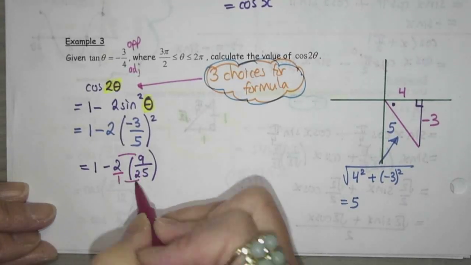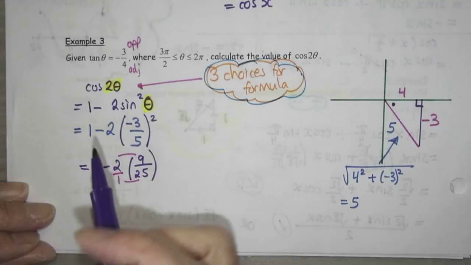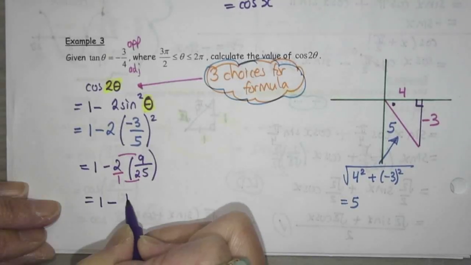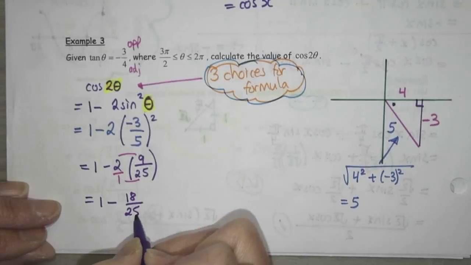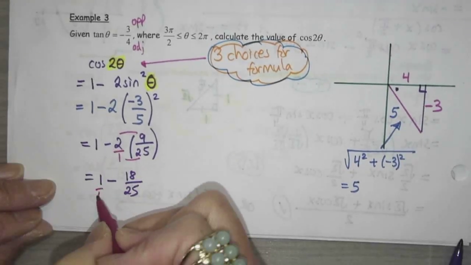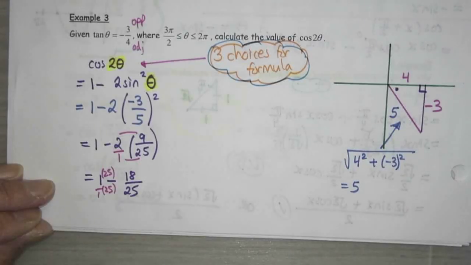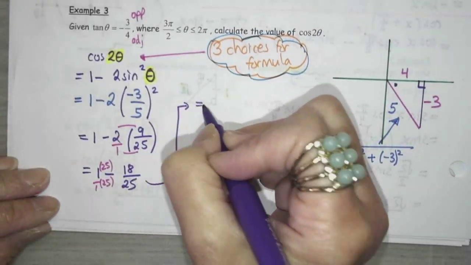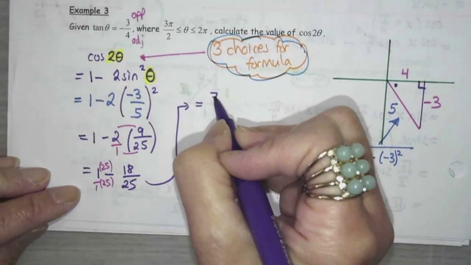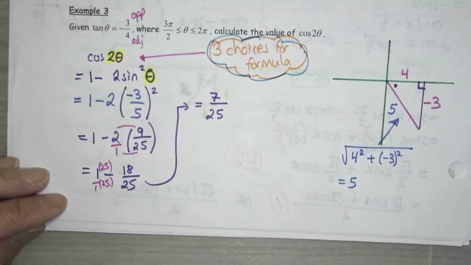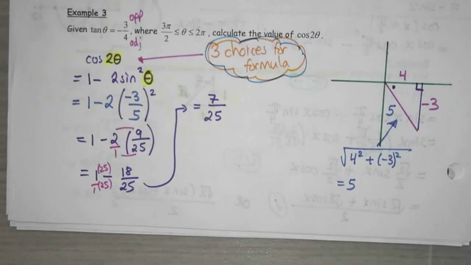It's over 1, numerator times numerator, denominator times denominator. We're going to get 1 minus 18 over 25. And we've got mixed fractions, so 25 over 25, and that would be 7 over 25. Done. Questions?